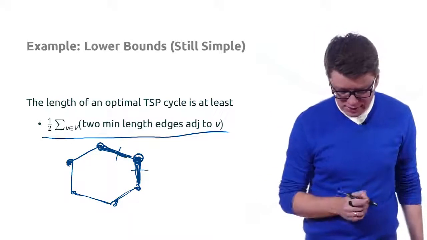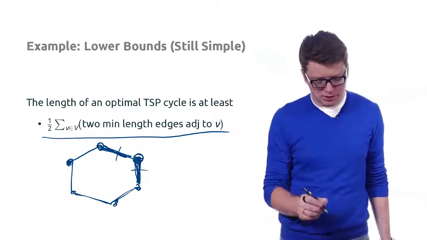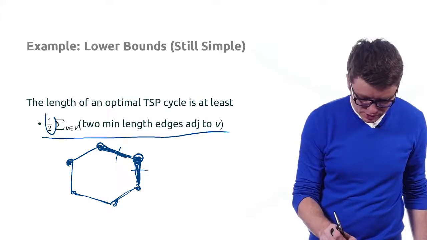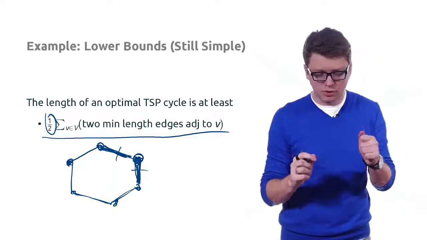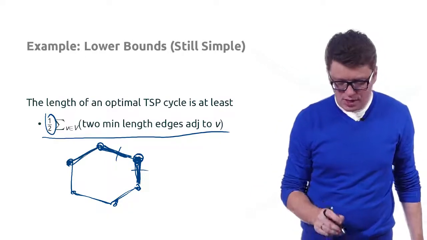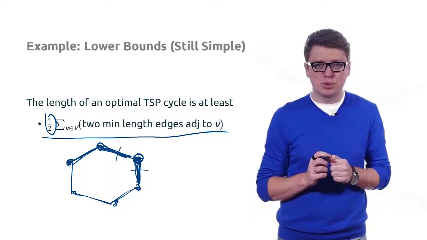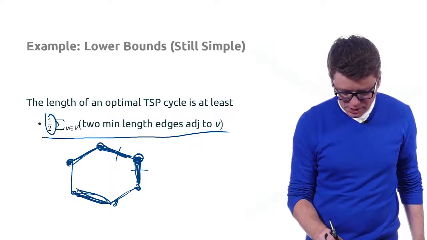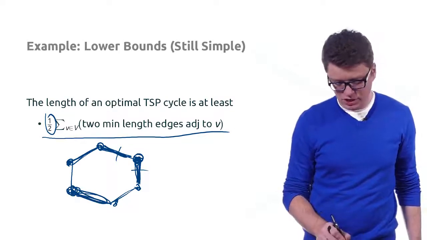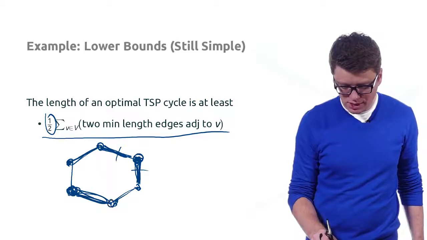The only thing that should be clarified is why we have this 1/2 here. This is just because when computing all these minimum edges for all the nodes, some of the edges can be computed twice. For example, this edge might be the minimum adjacent edge to this node and to that node, right?